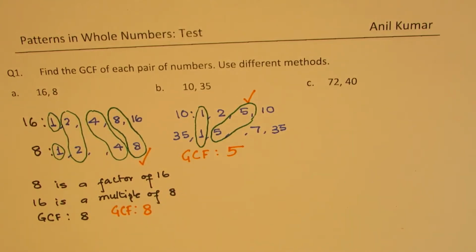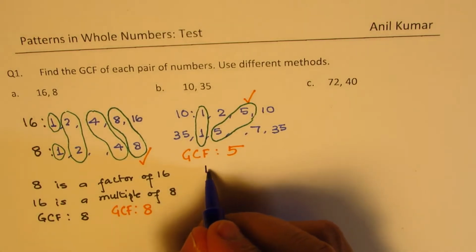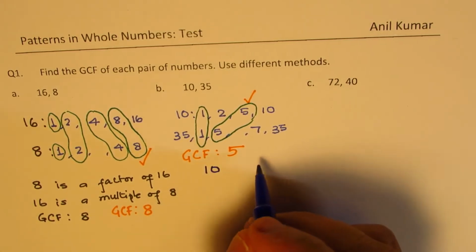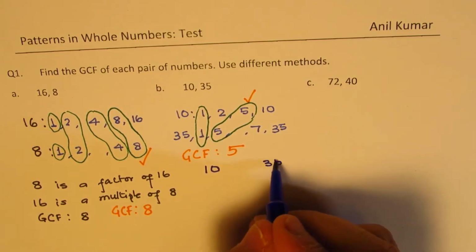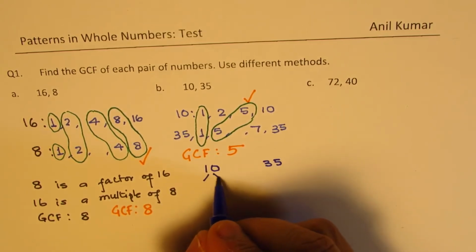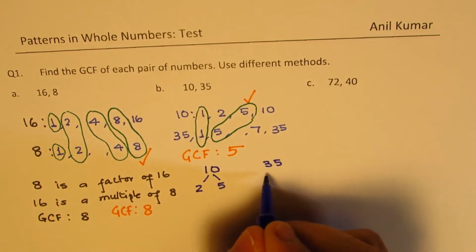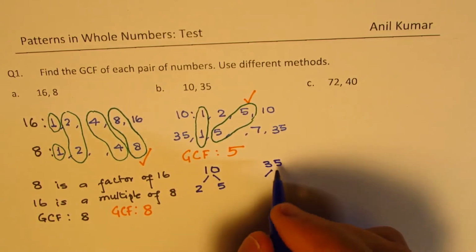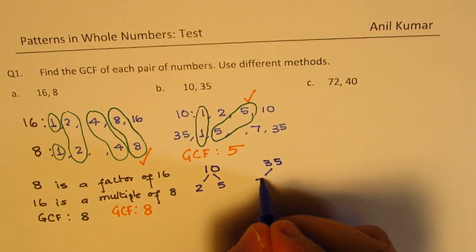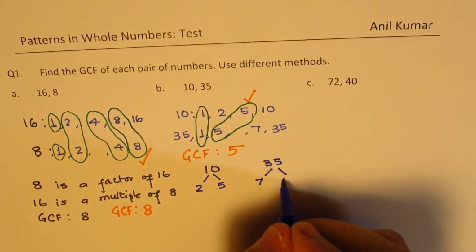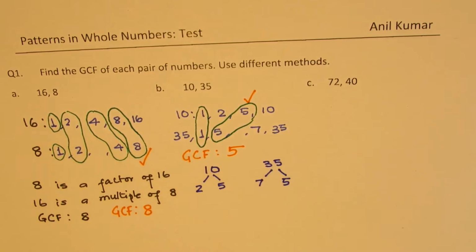Let me take the opportunity to discuss the third method with you now. We are looking into 2 numbers, 10 and 35. So we'll write down their prime factorization. 10 can be written as 2 times 5, and 35 can be written as 7 times 5. So this is prime factorization, correct?